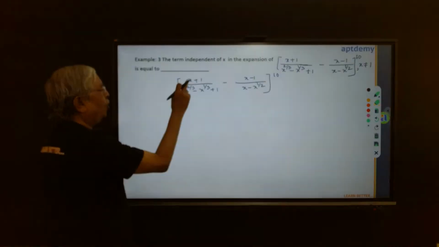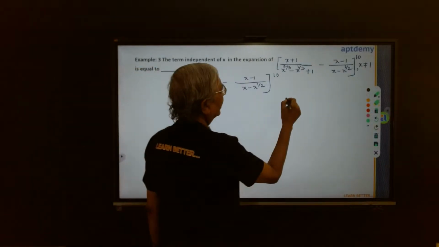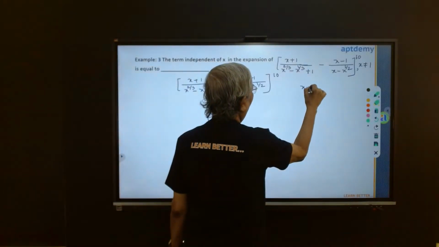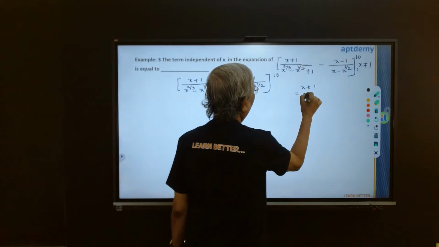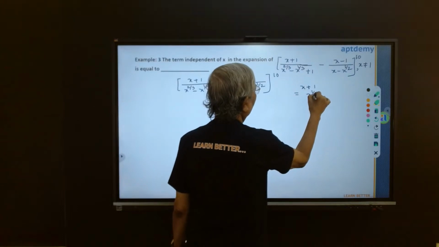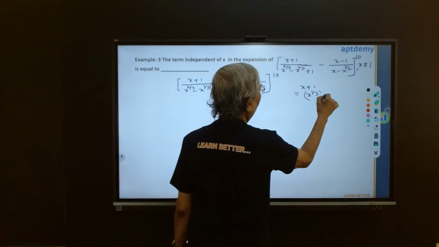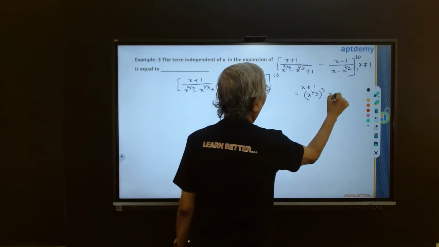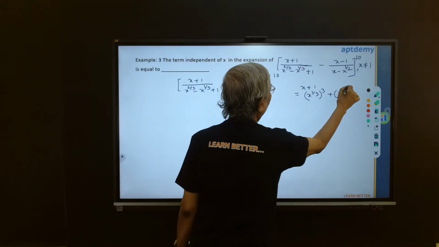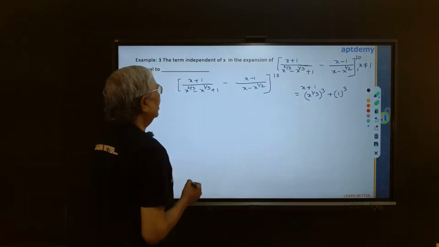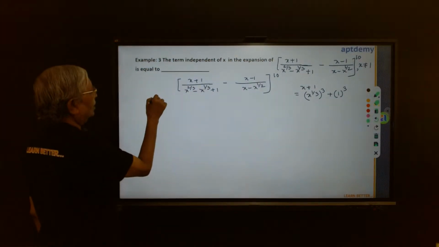Apply the formula a cube plus b cube. This x plus 1, we can write as (x to the power 1/3) whole cube plus 1 cube. a cube plus b cube equals (a plus b)(a square minus ab plus b square).